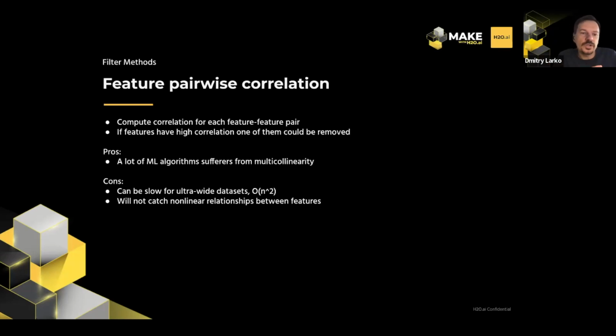That's why we usually select this type of statistical test and measurement: they are quite fast. Obviously, you can try to measure non-linear dependency by fitting a non-linear model that tries to predict one feature based on another, but that's definitely going to take way more time to compute.